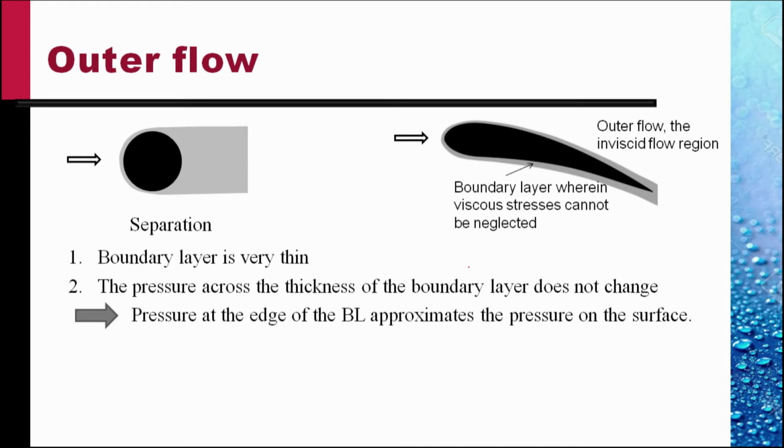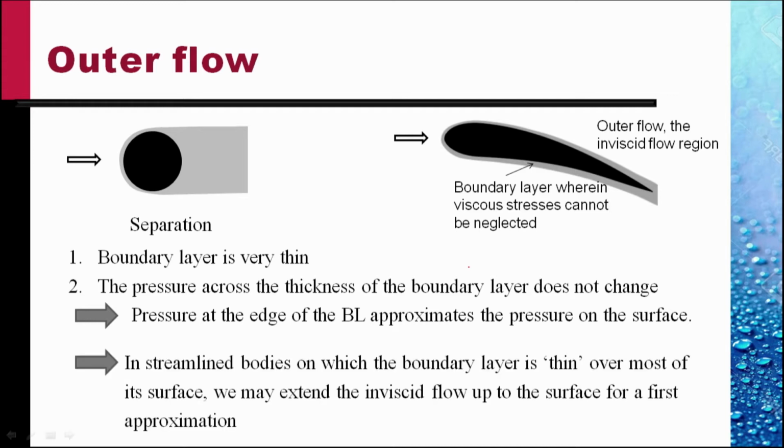Therefore, the pressure at the edge of the boundary layer approximates the pressure that impresses on the surface itself. Since the boundary layer is thin, over most of a surface in a streamlined body, we may extend the inviscid flow right up to the surface as a first approximation.